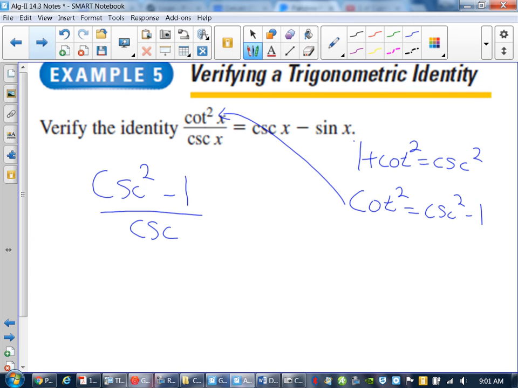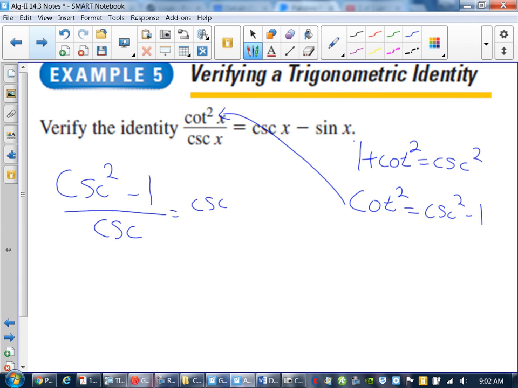Do I now have two parts in the numerator with the same denominator? Which means I can break it apart, because this cosecant in the denominator would technically be the common denominator for the two of them. See how that works? If I utilize the idea of this common denominator, I can break apart the fraction.